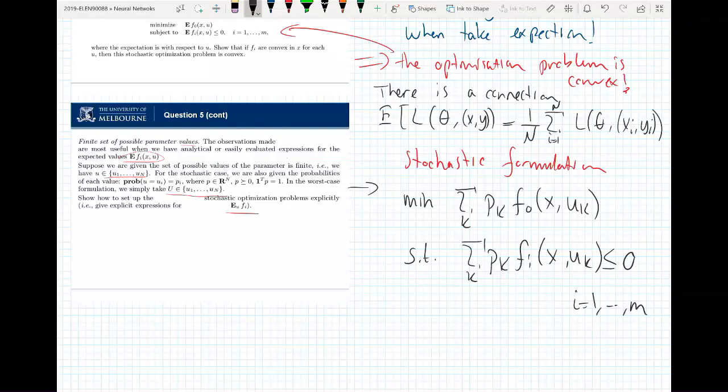So I can actually write it as a stochastic optimization problem. Here the probabilities are explicitly assumed, so p_k is the probability of u, if p of u is given. But if it's not given, then I do an empirical mean, and the empirical mean looks like what I've written before. So this is the stochastic formulation if the probability is known. So it's again a bit of a theoretical case.